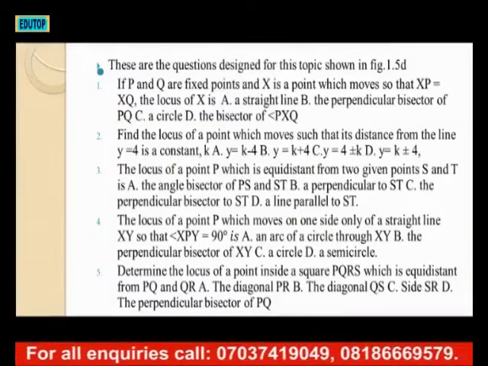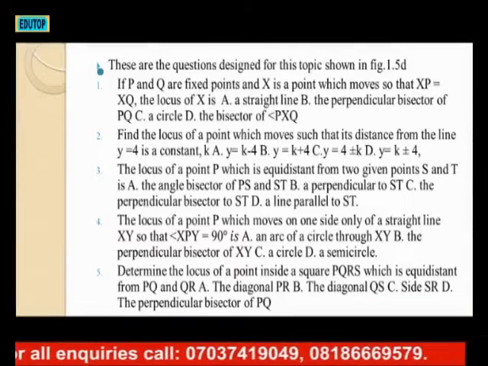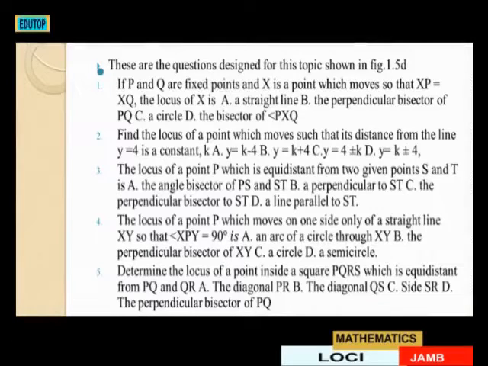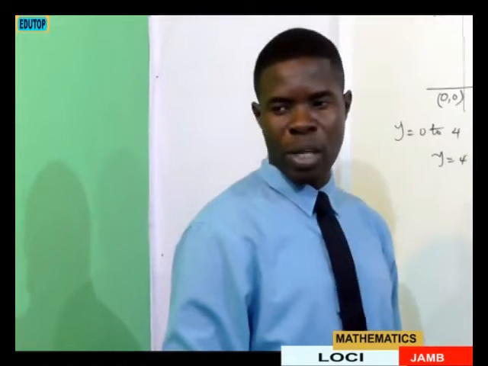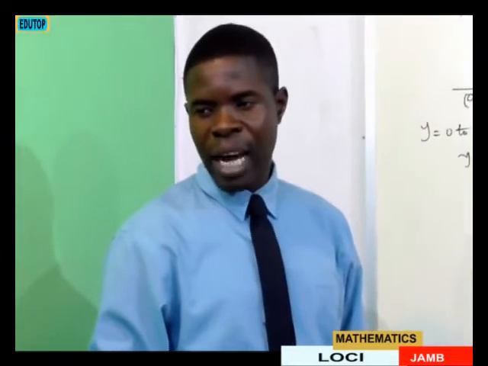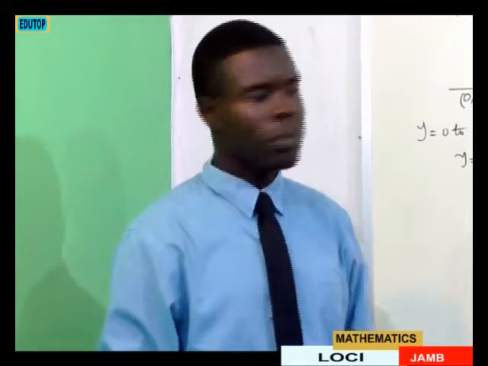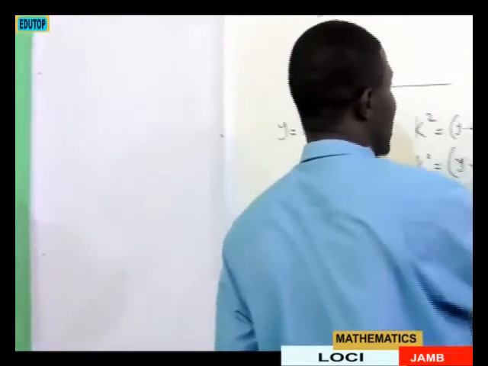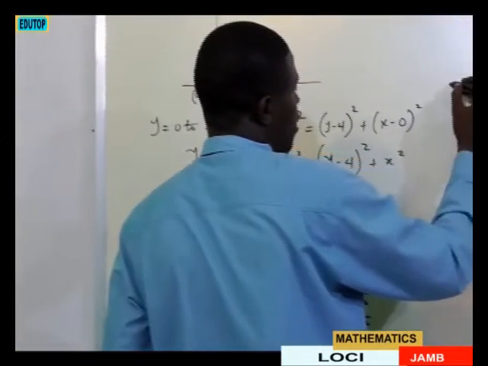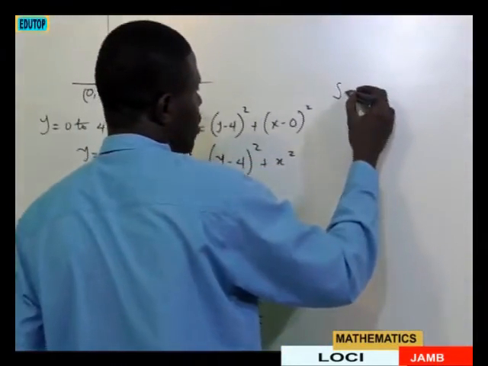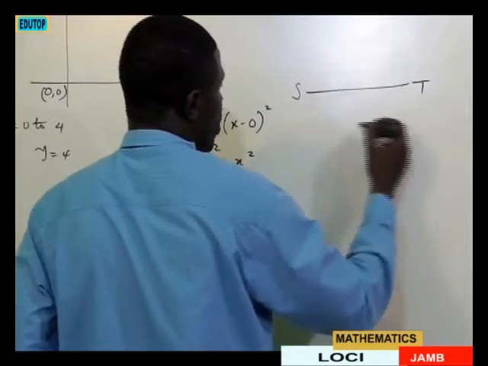Then, question 3. The locus of a point P, which is equidistant from two given points, S and T, is... So in this situation, we have to look for that locus which is equidistant.